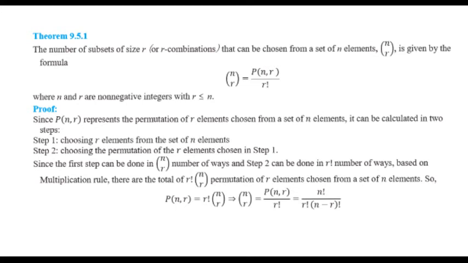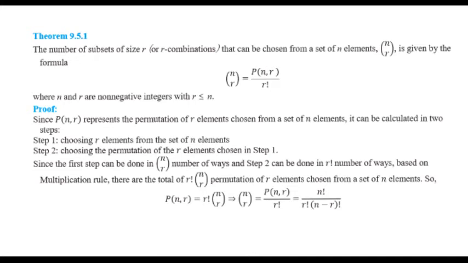If you do these two steps sequentially, then you can form an R-permutation for a set of size n. So based on the multiplication rule, if I find the number of ways that we can do step 1 and the number of ways that we can do step 2, then we can find the number of total R-permutations of a set of size n by just multiplying the number of ways that we obtained for steps 1 and 2.